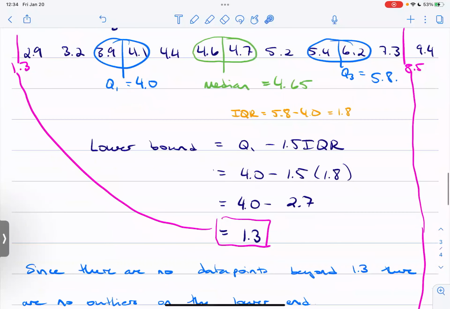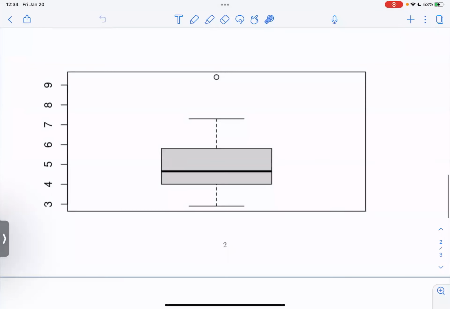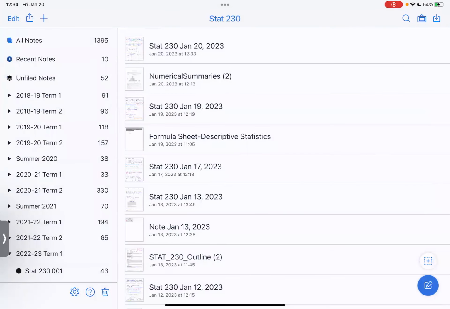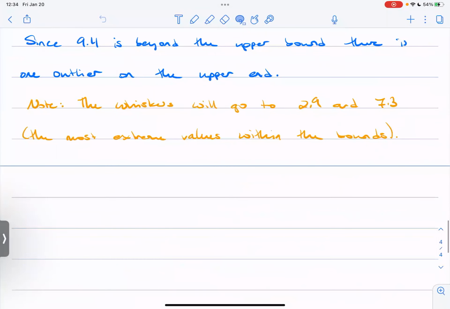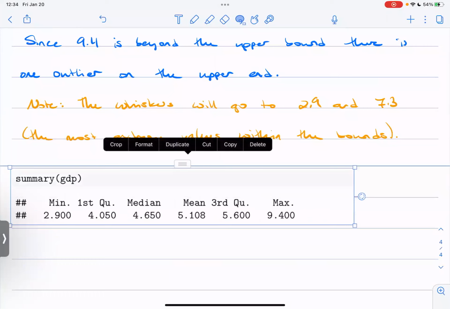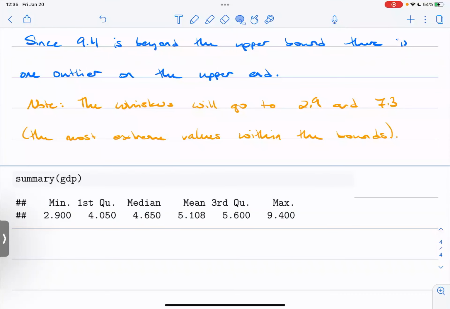So if you are in data science, and potentially even if you're not, you have probably got a handle on the summary command, right? It's the first thing we do once you get a data set. I tend to use just the summary command.